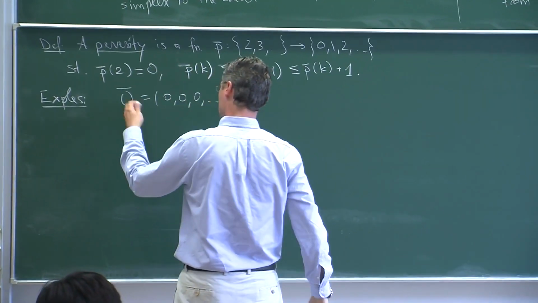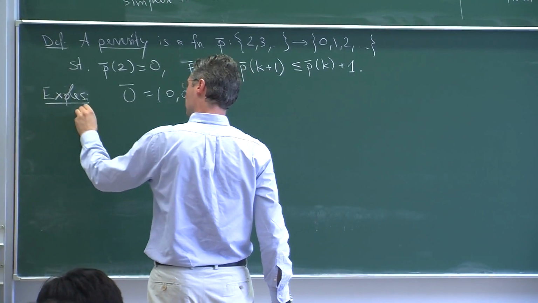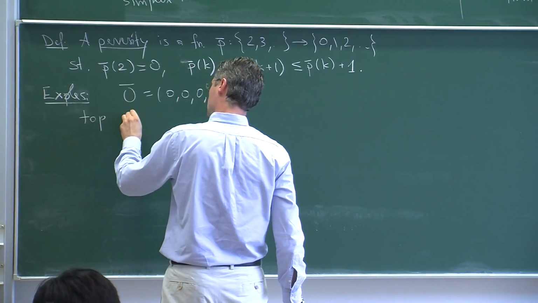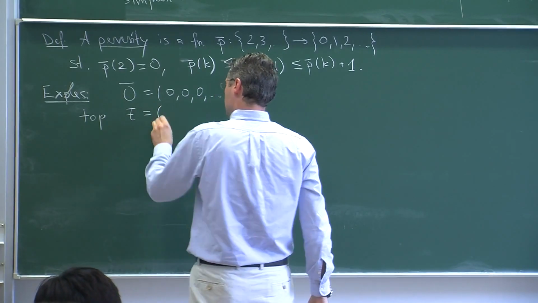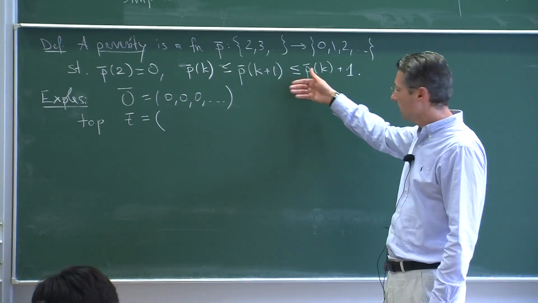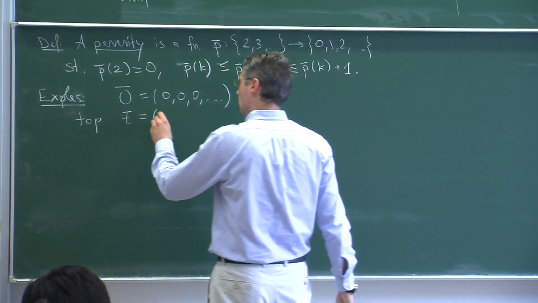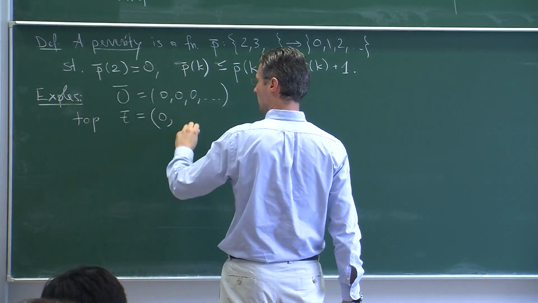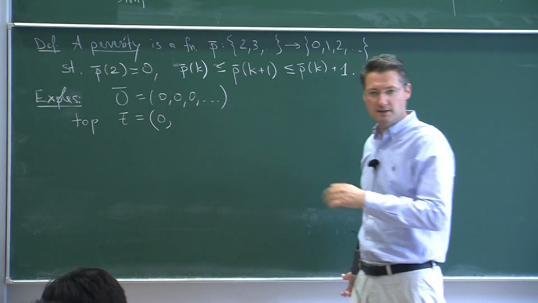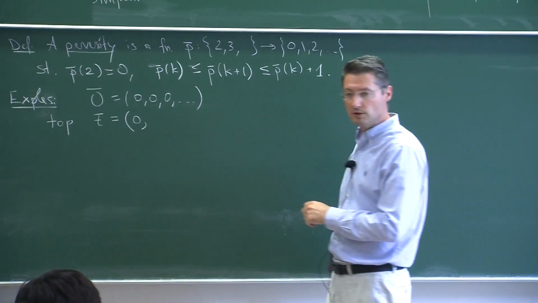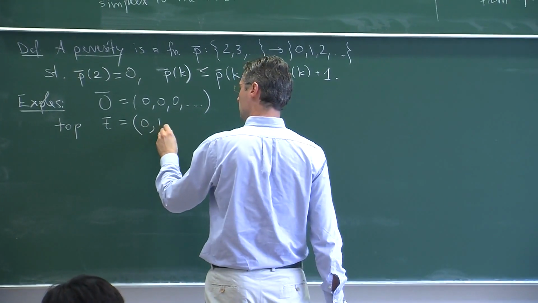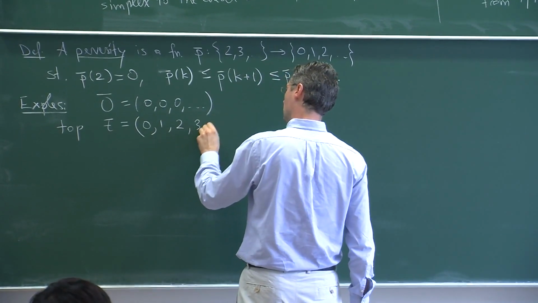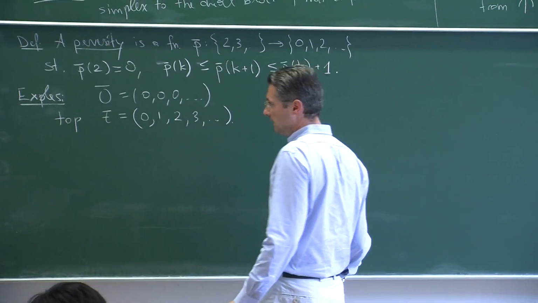Now, on the other hand, at the other extreme, there is something called the top perversity, T, which is the fastest growing sequence allowed under these conditions. So to 2, it must assign 0, that's prescribed, but then the fastest it can grow is that at each step it increases by 1. So the sequence is 0, 1, 2, 3, and so on. That's called the top perversity.